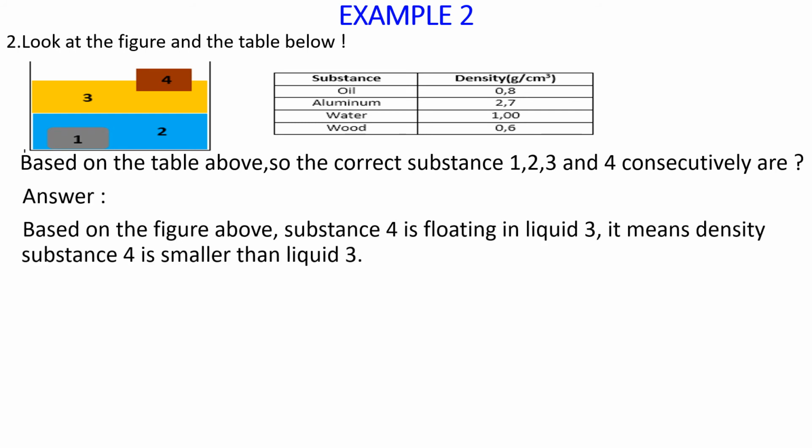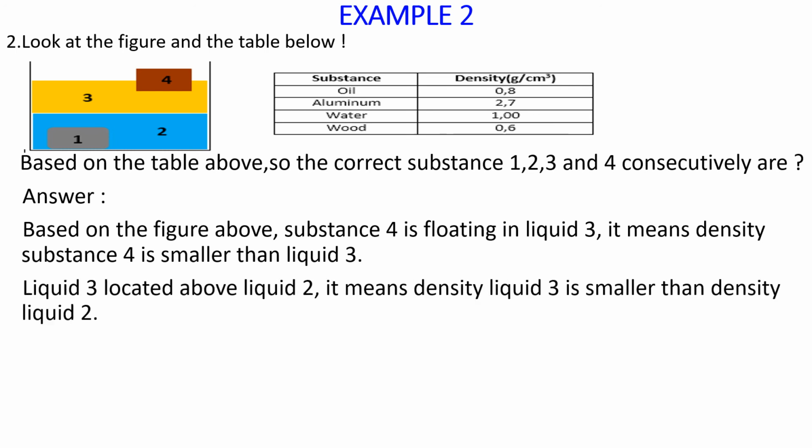Answer. Based on the figure above, we can see that substance 4 is floating in liquid 3. It means density substance 4 is smaller than liquid 3. And liquid 3 is located above liquid 2. It means density liquid 3 is smaller than density liquid 2.